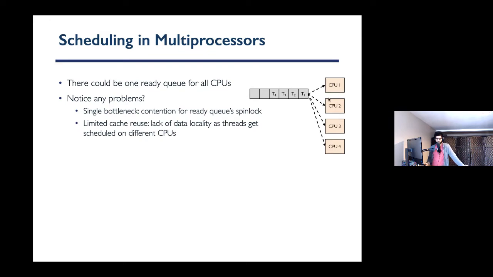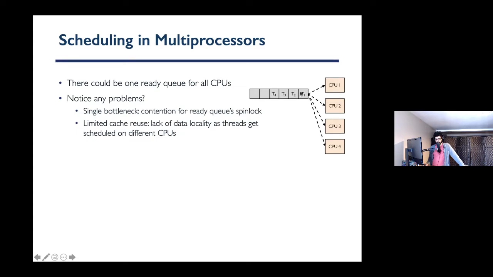The other problem with this, so that's the first problem. The second problem with this is you won't have much cache reuse for each task. Why? Let's say task 1 runs on CPU 1 and then goes for I/O. Once it comes back from I/O, you will add it back to the ready list.